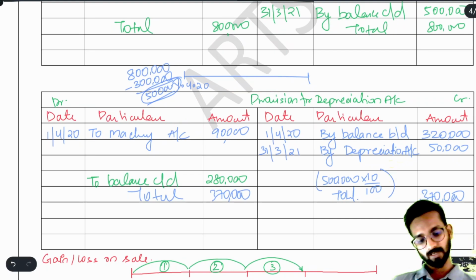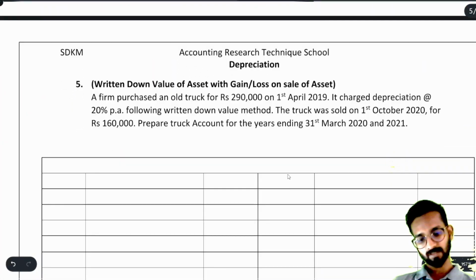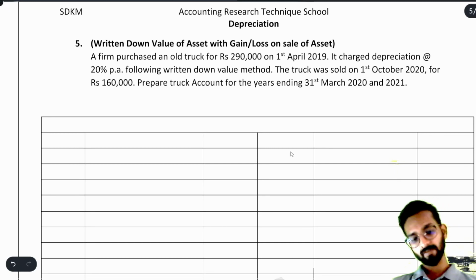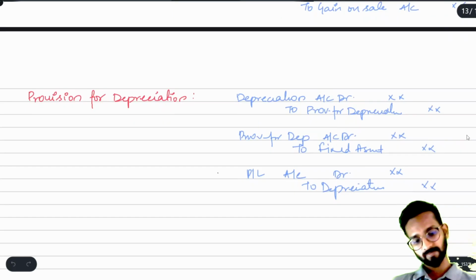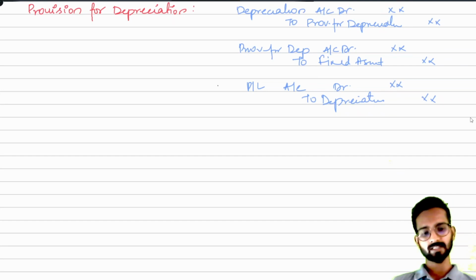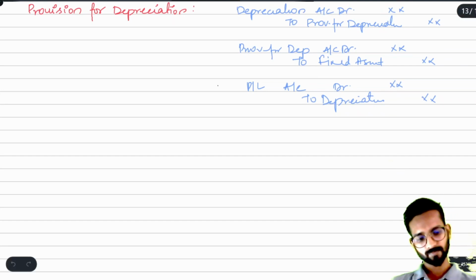Understood? Now, after this, we have next concept to learn, that is written down value. Very, very easy. See, what does it say? We have already learned straight line method. Written down value method says just to change the rate of depreciation or the way you are charging the depreciation. See how?